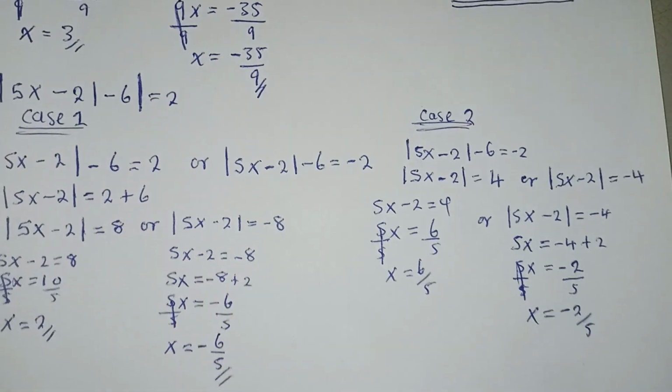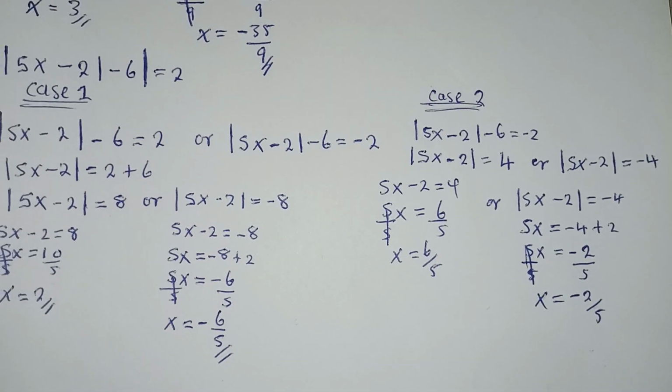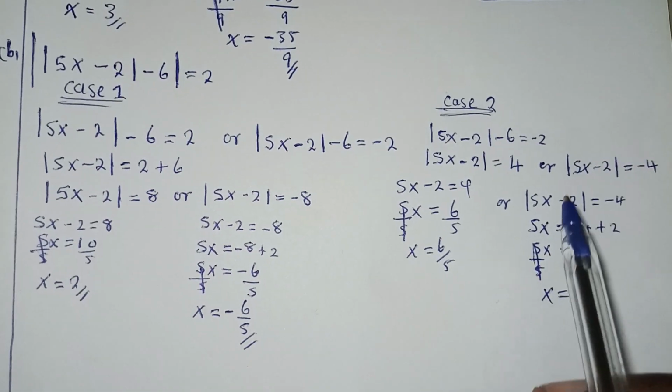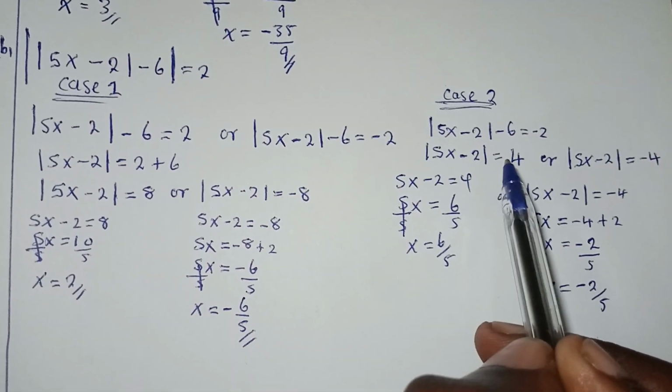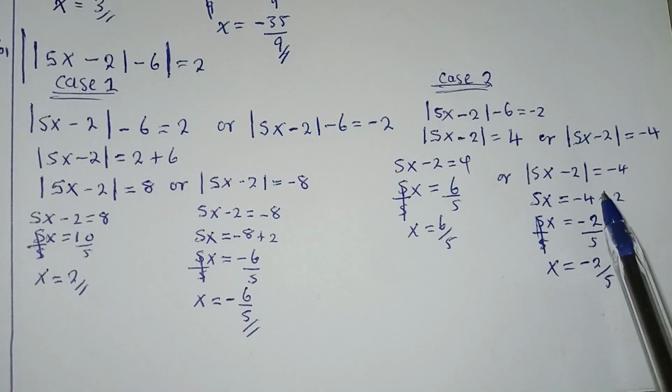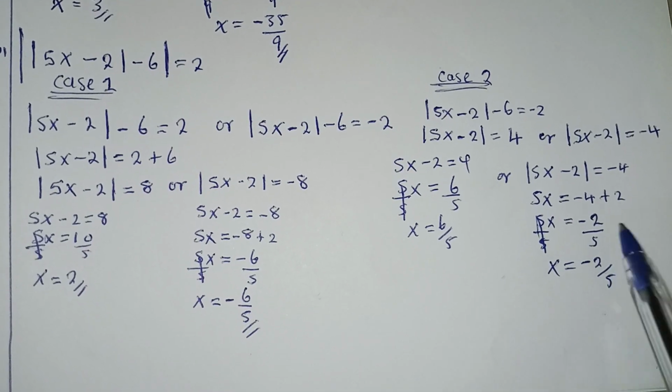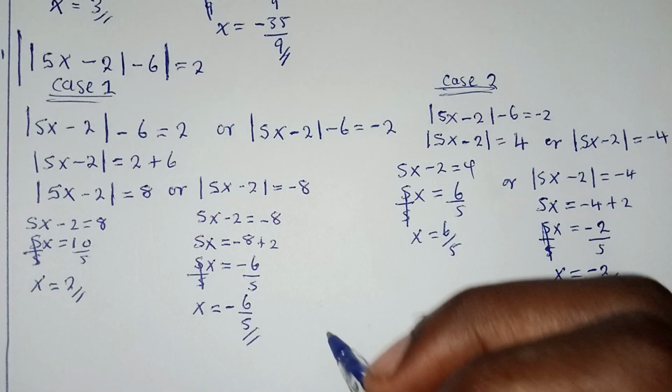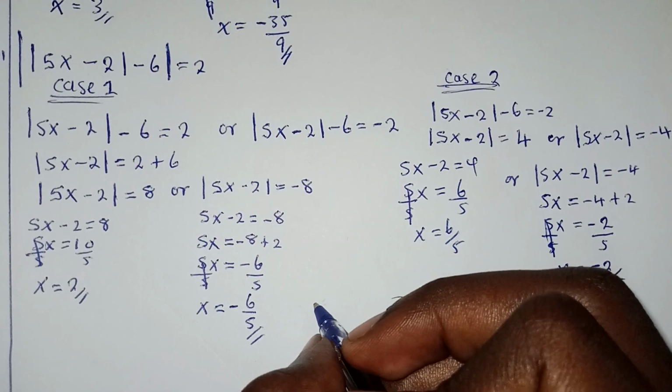Okay, so we have solved all the values of x. Whenever you discover that when you reach this point you have a negative this side, don't proceed. Just stop. But when you have a positive from here, just continue. It will give you some good value.